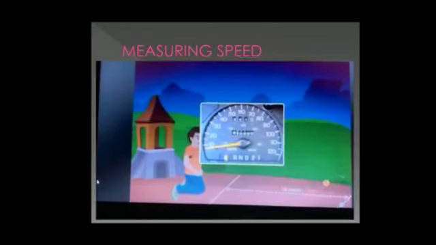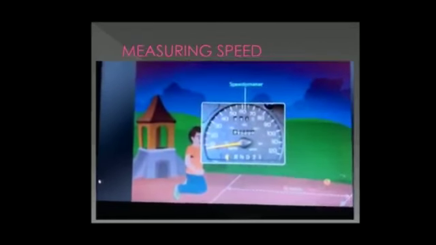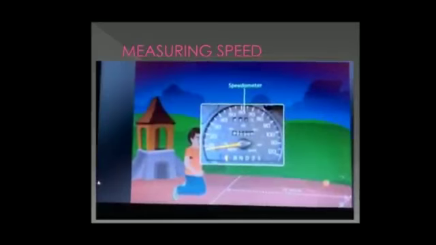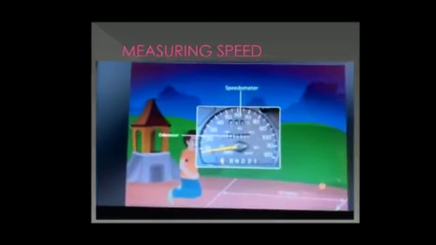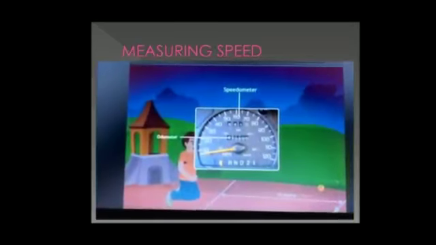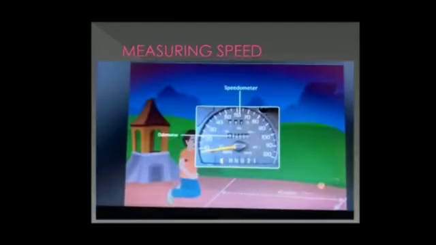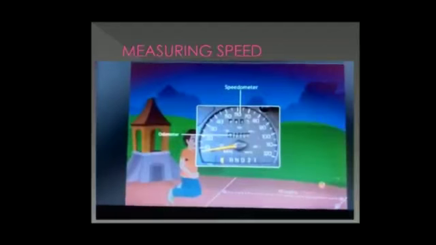Nowadays, various measuring devices have been developed, like the speedometer, which helps to measure the speed of the vehicle, and the odometer, which tells the distance travelled by the vehicle.